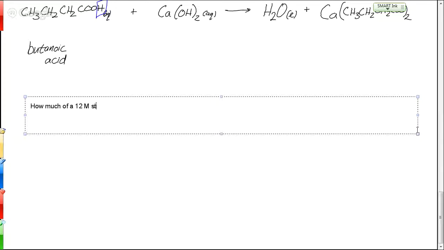How much of a 12 molar solution would you use to make 500 milliliters of 3.5 molar HCl?